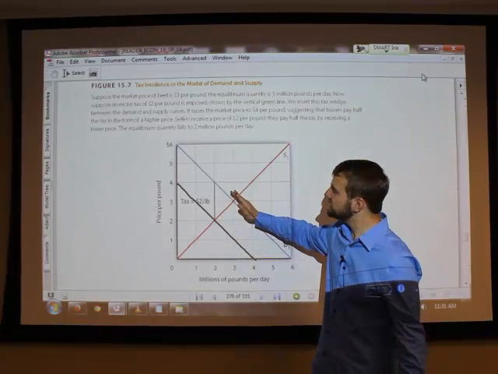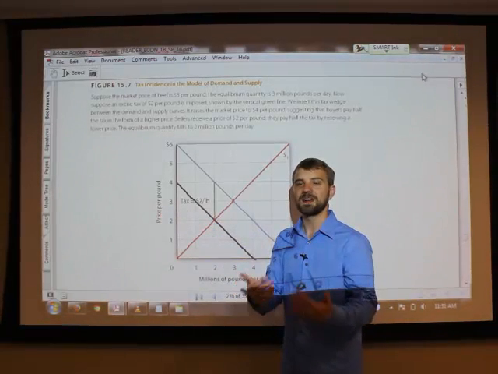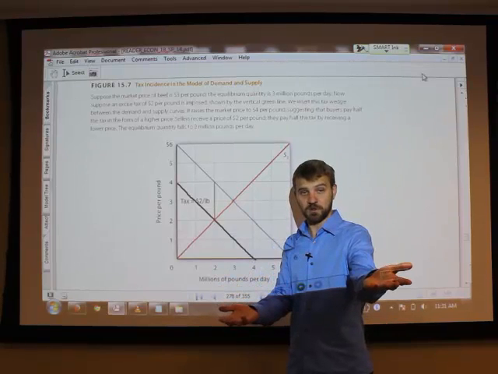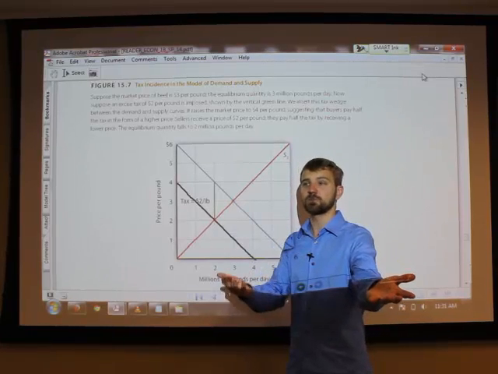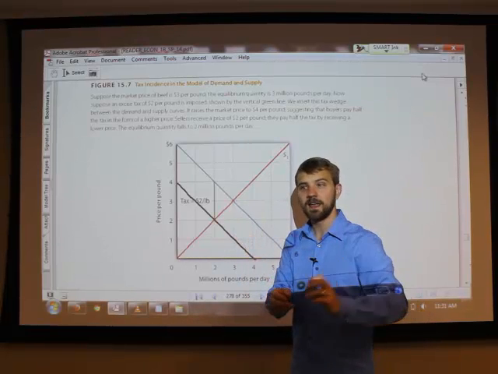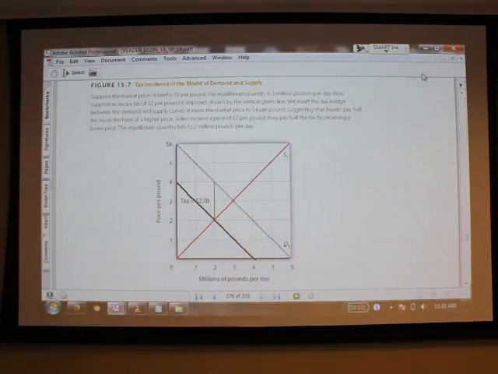So before, there was no difference between the sticker price and the effective price. But now that we have a tax, there is a difference. The sticker price is what the consumer pays to the store. The effective price is what the out-the-door price is, after they pay the store and the government. And so what quantity will be exchanged now? $2.